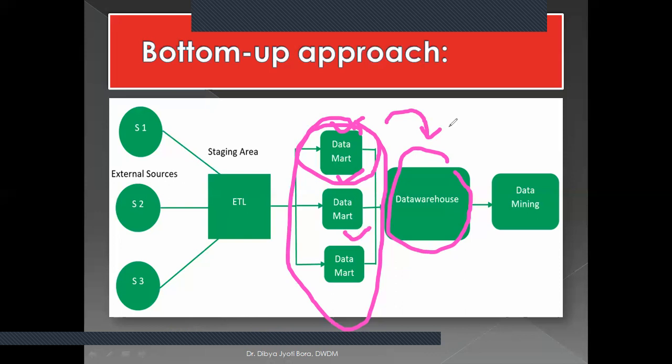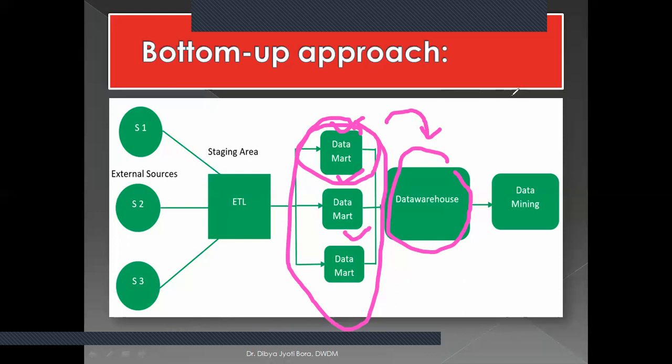You are keeping it on a time basis, mean interval basis, and those things which are not going to be changed now. For that period that is being done, and that is being summarized and kept in the data warehouse.